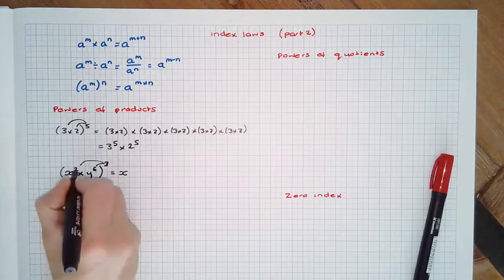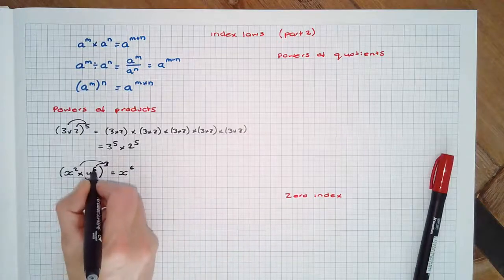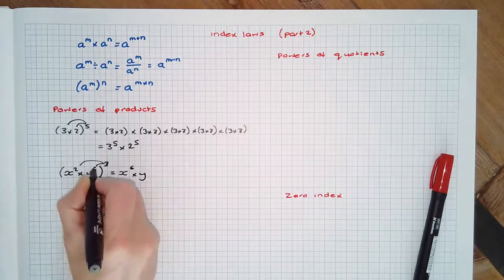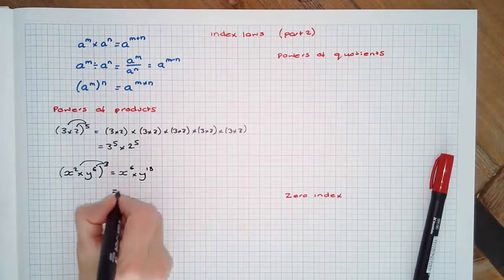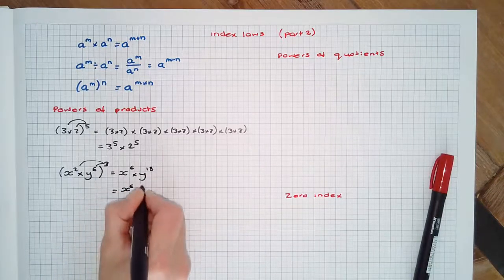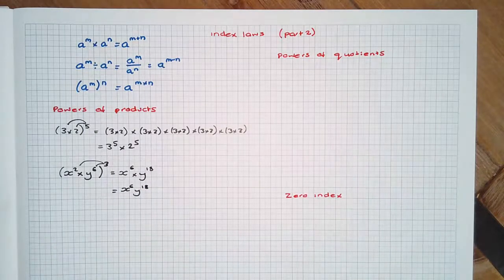That is x to the power of 2 times 3, which is 6, times y to the power of 6 times 3, which is 18. And in your final answer, you could omit the multiplication sign.